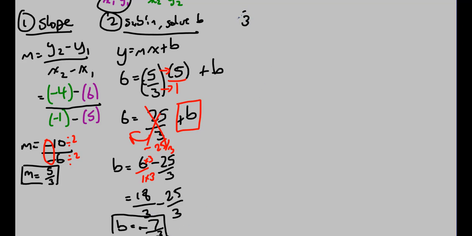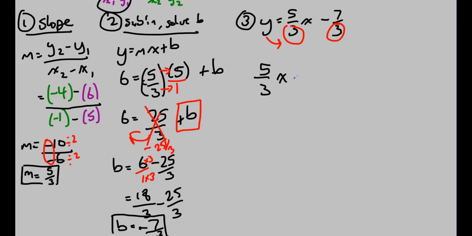And then I have to put it in y-intercept form, slope y-intercept form. Y equals 5 over 3x minus 7 over 3. And lucky for me, the denominators are the same. So when I'm making it in standard form, that'll make it easier. And the x's are positive, so I can keep that and bring the y over. So I'll have 5 over 3x minus y, because I had to get rid of it by subtracting.